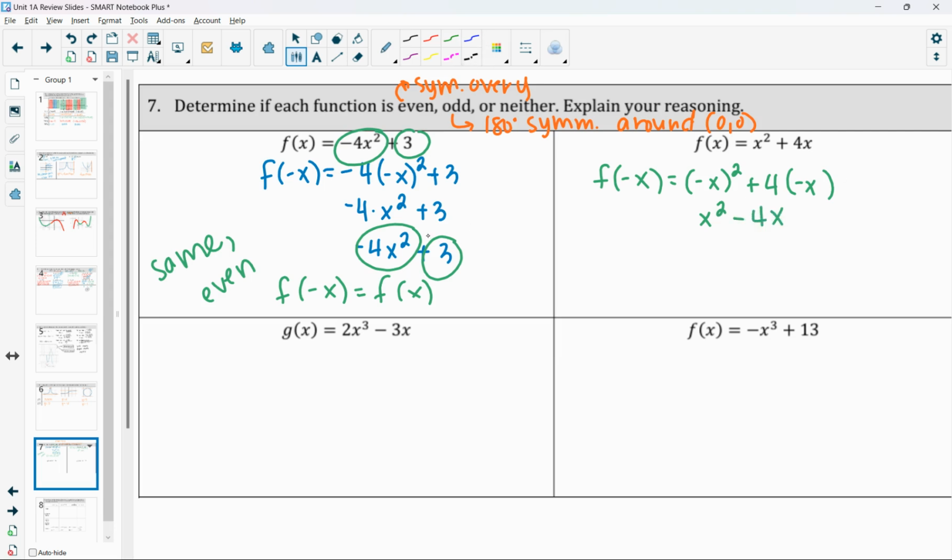So then we see that this first term is the same, but this next term is opposite. So it's a combination of the same and opposite. So this is neither, because f of negative x isn't the same function, and it's also not the opposite function.